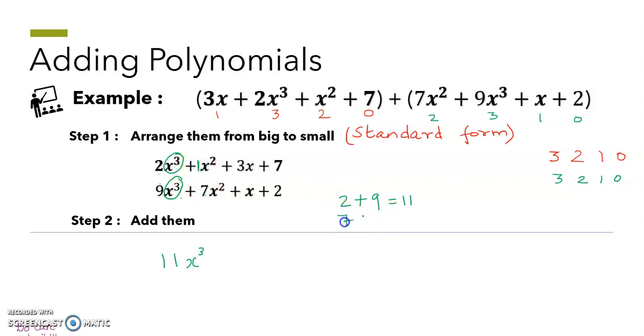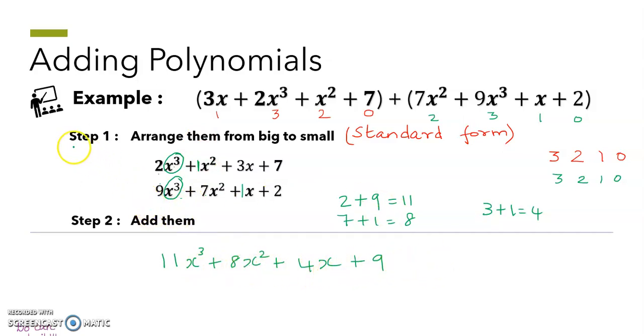So 7 plus 1 is 8, so 8x squared. Here you have 1 plus 3x plus 1x, so 3 plus 1, which is 4, so 4x. Then 7 plus 2 is 9. So your answer is 11x cubed plus 8x squared plus 4x plus 9.